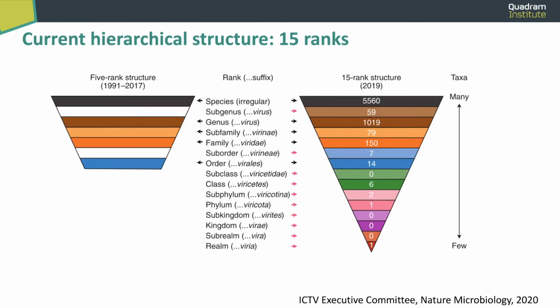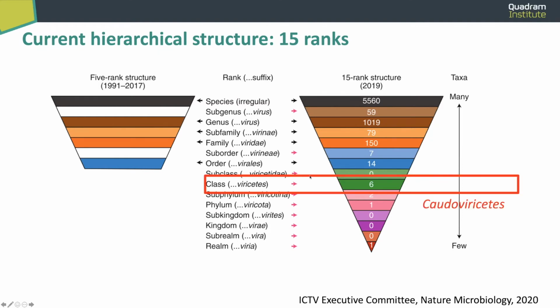But not to despair. I told you about the 15 rank structure, starting at the realm, at the top or the bottom of the pyramid, depending on how you organize it. These are all the available hierarchical ranks that we can use for classification.